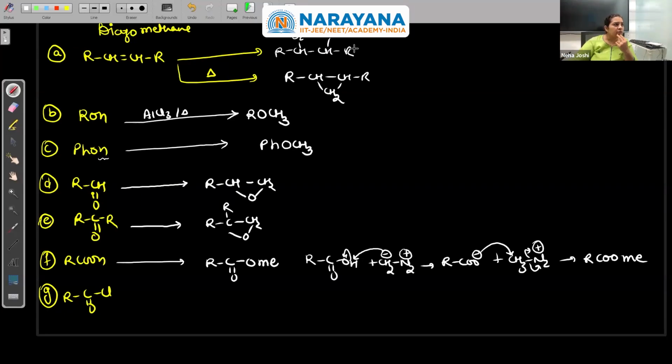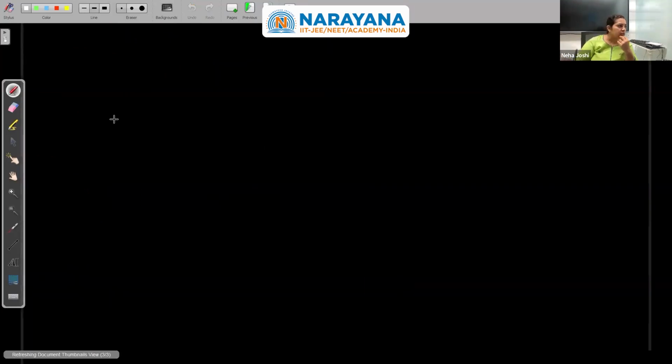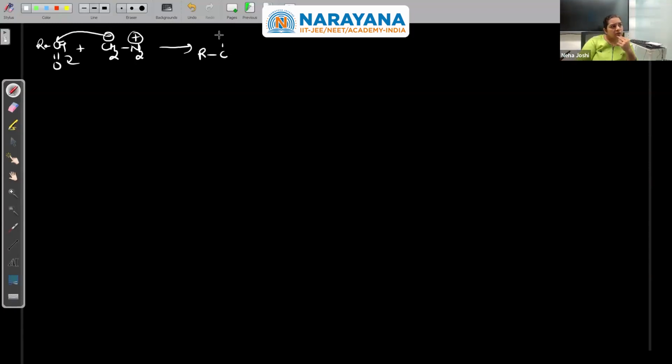I have to write the mechanism. When I have aldehyde and I have diazomethane, CH2 minus N2 plus, the reaction starts with nucleophilic attack. So RCHO minus CH2N2 plus is happening. Now there are two methods. One, by white pen, you can see RCHCH2O.